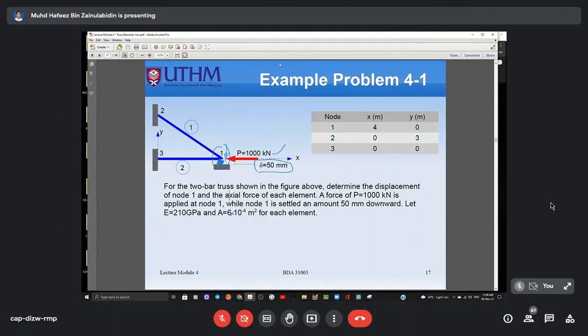You already have the question, right? I hope you get the clean one, not the one with my scribble. I don't know whether I shared the one with the scribble or the one without scribble. Okay, good.